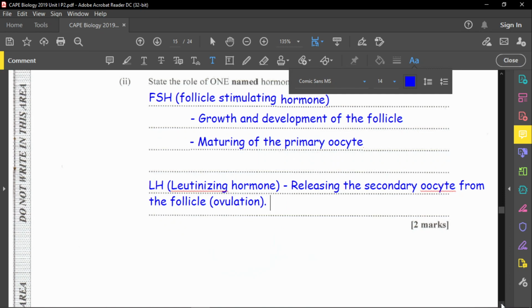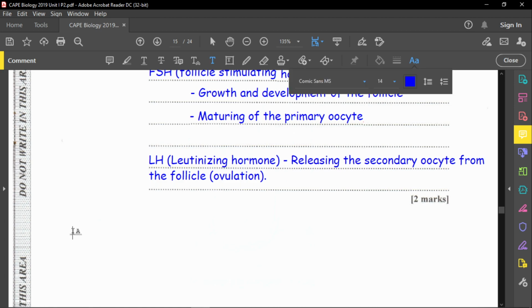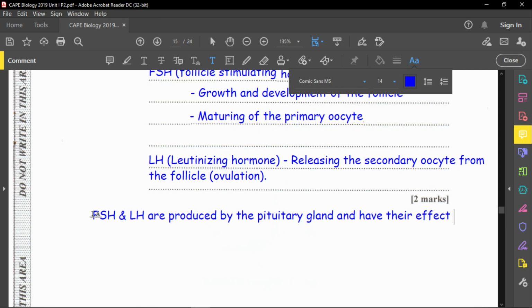Let me quickly write that down. FSH and LH are produced by the pituitary gland and have their effect in the ovary.